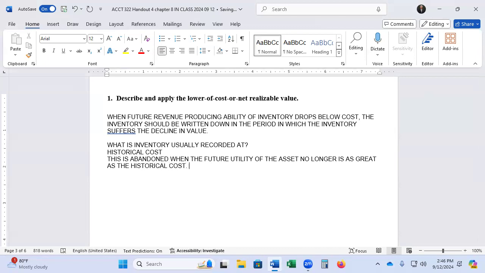Now, this can be applied to other things as well. If you have equipment that suffers a large loss, if you have buildings that suffer a large loss, this can also be applied to that. But we're talking specifically about inventory here.